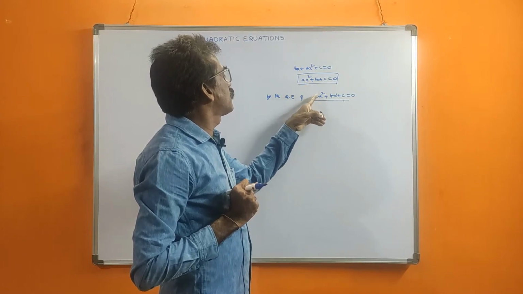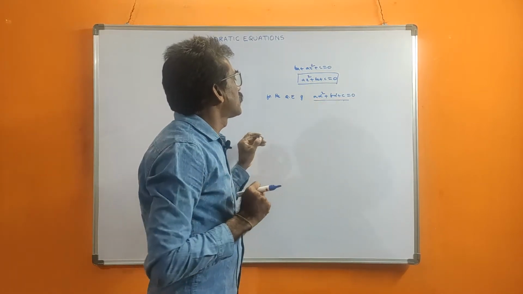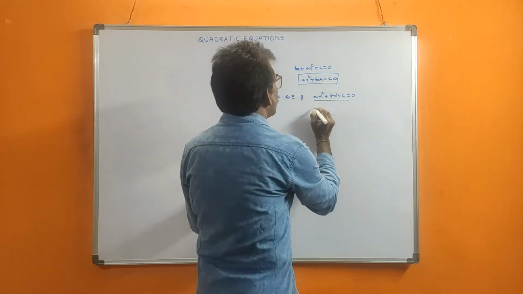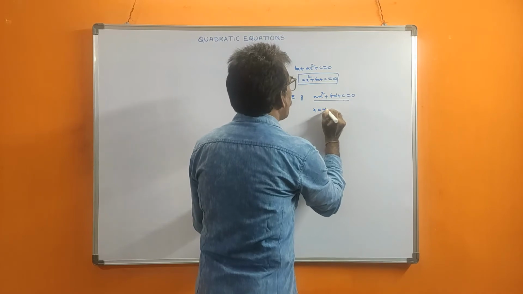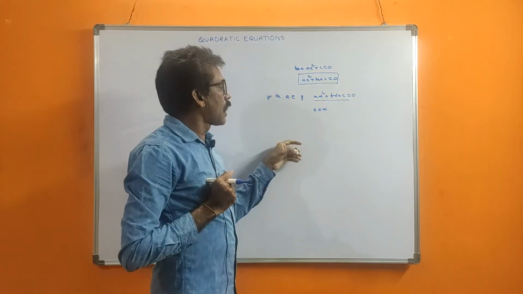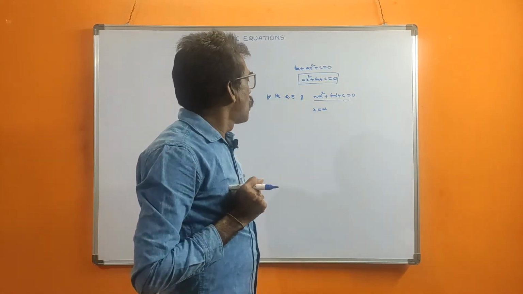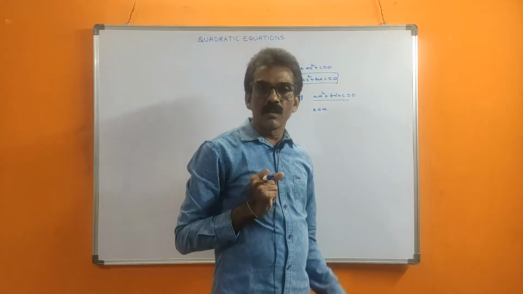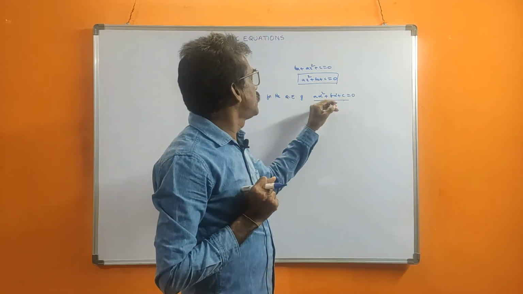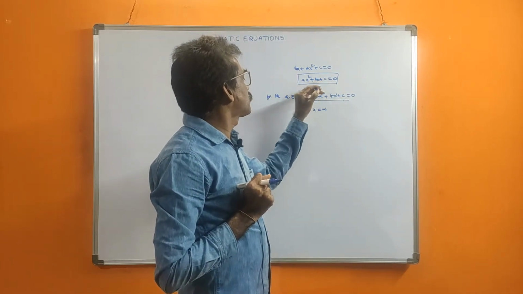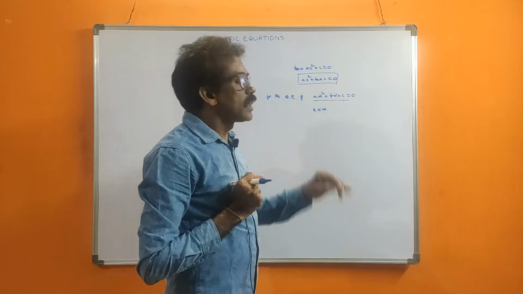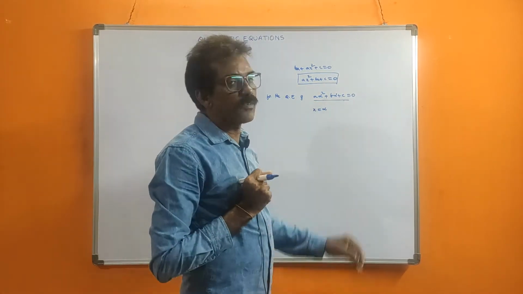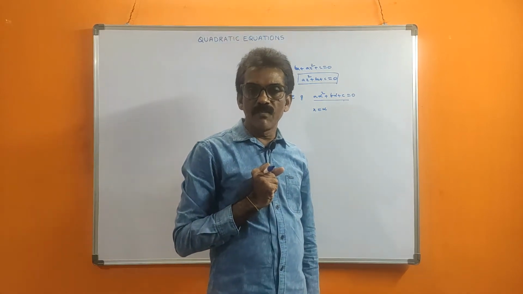Instead of x, we have placed alpha. That means it will satisfy the equation. So this is the solution of this equation when x is equal to alpha. The x value is alpha. This is also known as a root of this quadratic equation. The x values are the roots of the equation. If you substitute the value we got instead of x, that is the root, that is the solution of the given equation.